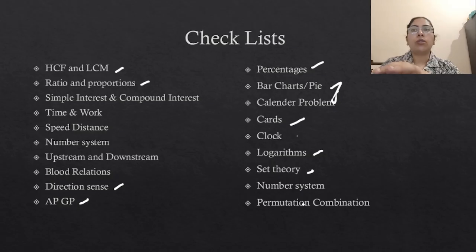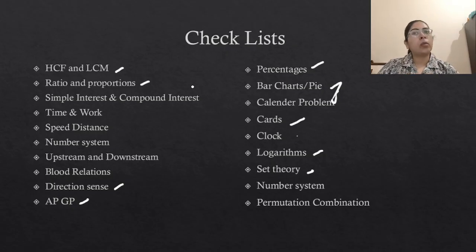Okay, so firstly, you should take topic by topic. Take a topic HCF and LCM, see the concept, solve all the questions. Take the second topic, ratio and proportion, check the concept, and then solve and practice some of the PYQs.